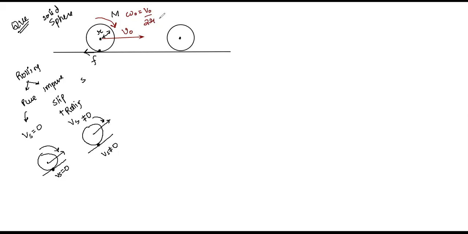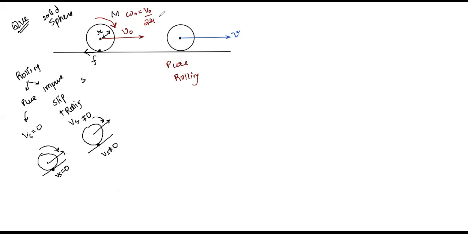Then after some time, this sphere comes in the state of pure rolling. What is the condition for pure rolling? What is the relation between V and omega for pure rolling, Atul? V equals R omega. Very good. What is R, what is V, what is omega? V is the linear velocity.